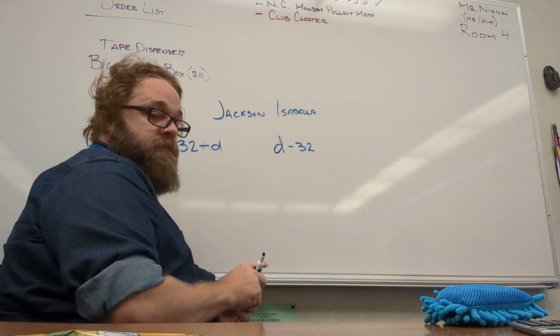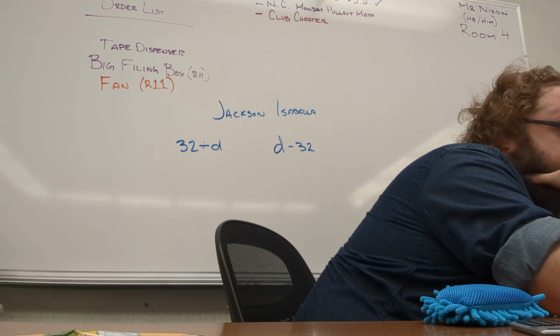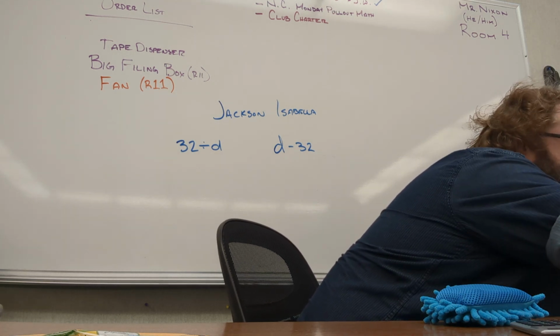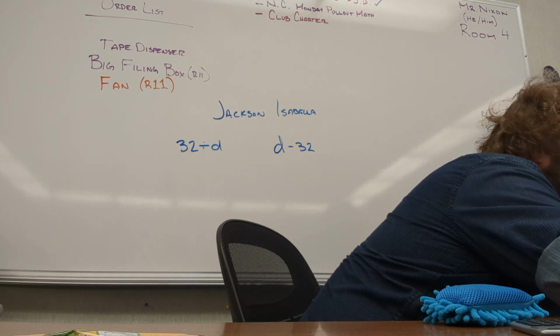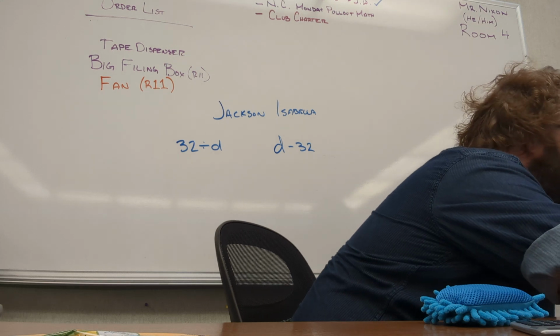Jackson's answer was 32 divided by D. Isabella's answer was D minus 32. So you can always click on the part where it says view an example, and this won't change the problem. It tells you what an algebraic expression is, and it says the word quotient suggests division.